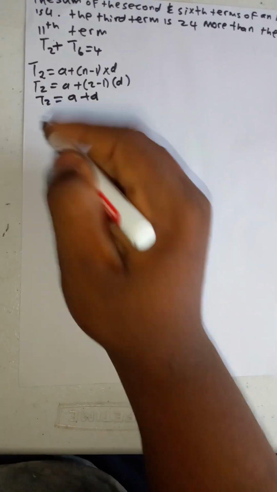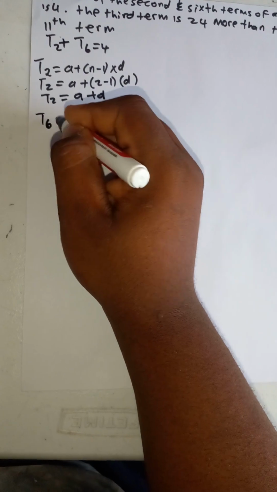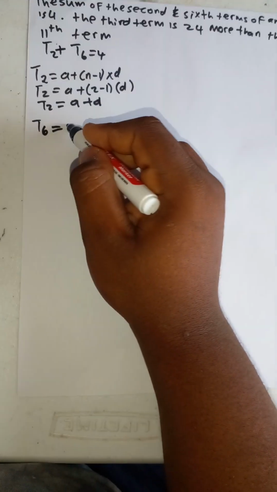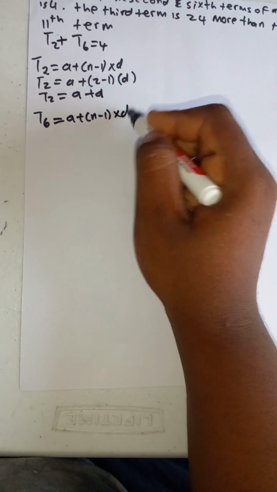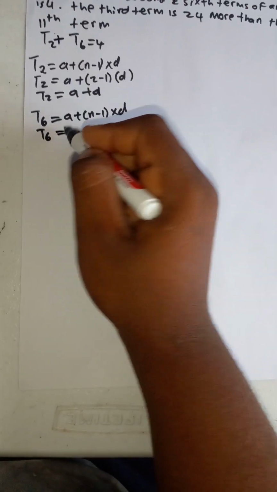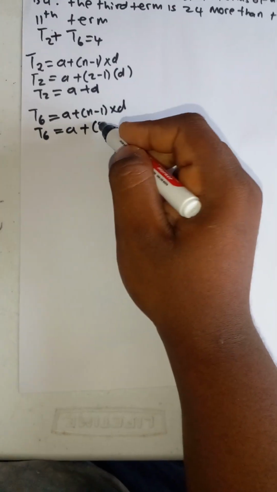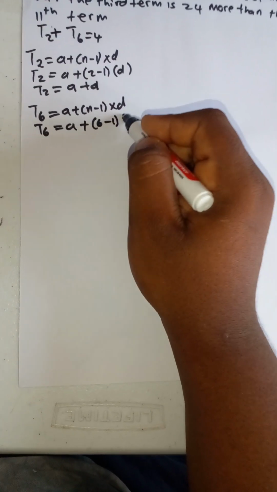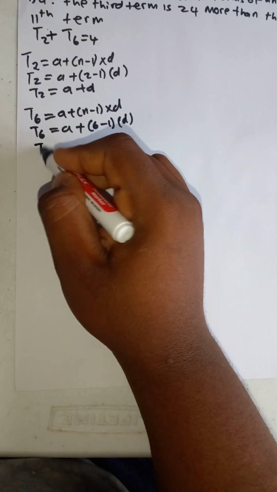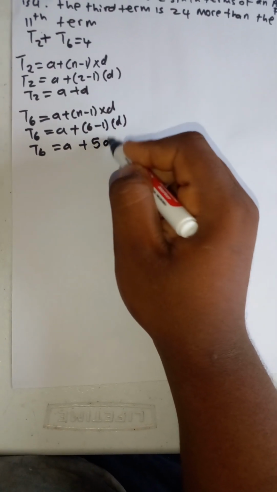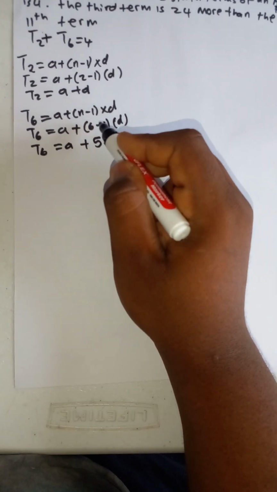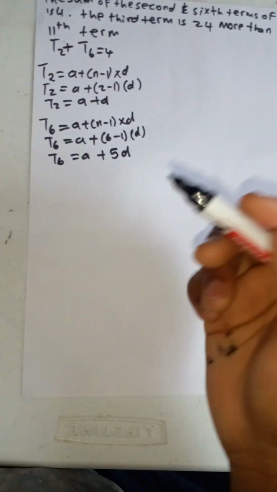Now I'm going to take T6, which is a plus 6 minus 1 times d. 6 minus 1 is 5, so T6 is going to be equal to a plus 5d.